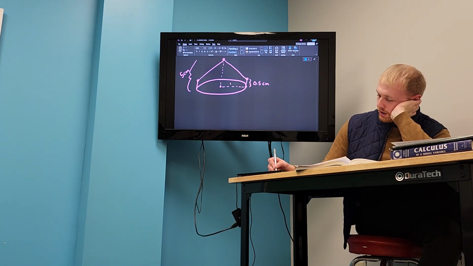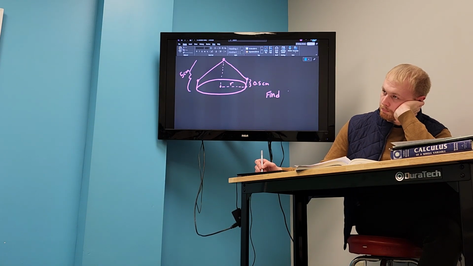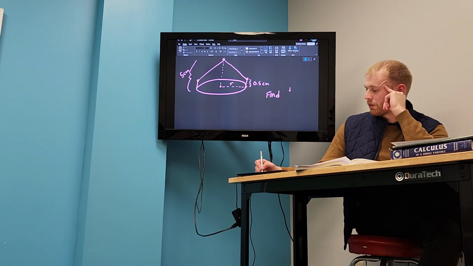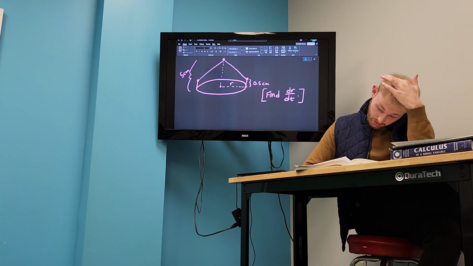All right, so here's the radius. So we want to find the rate of change in radius. How do we write that? dr/dt. Yeah, let's use dr/dt. Okay, that's our goal, dr/dt.